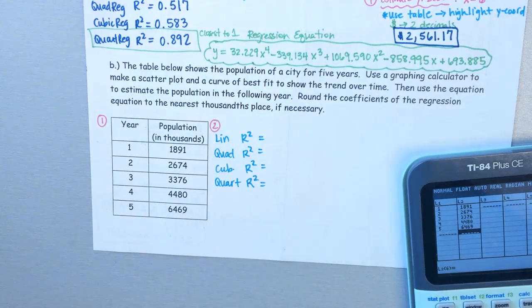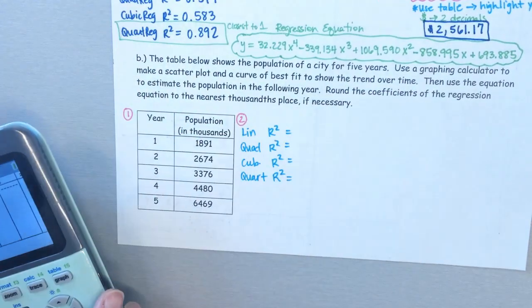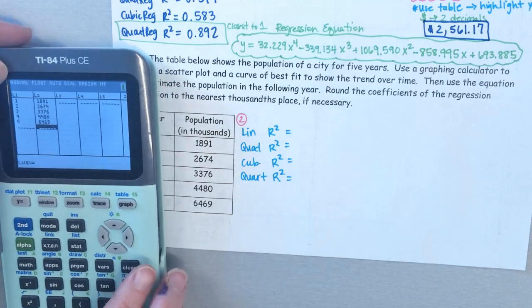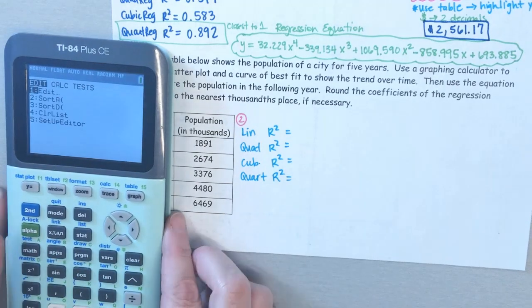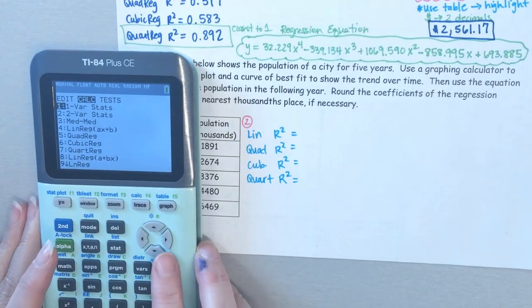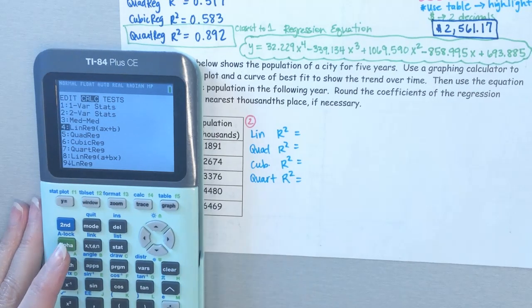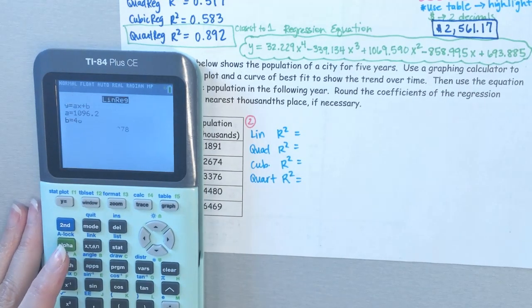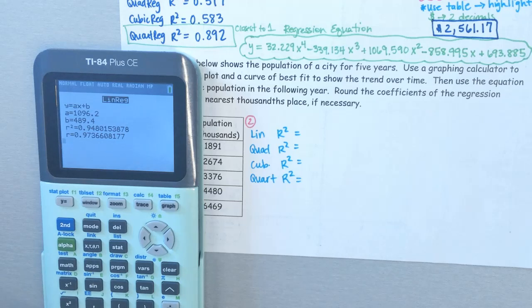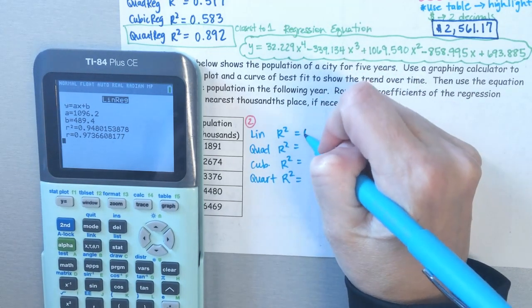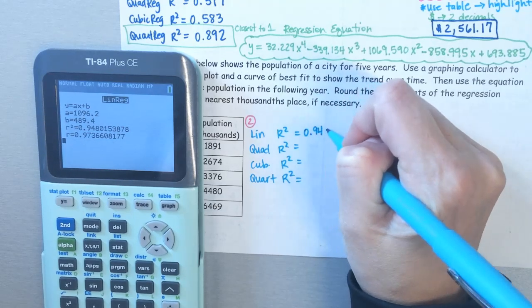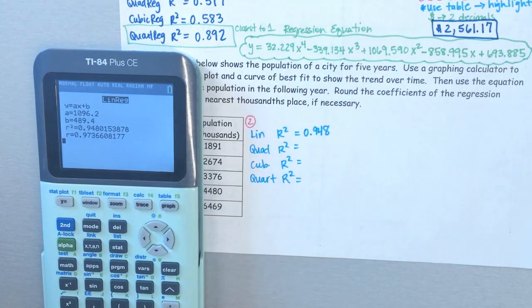Okay, so now we're going to do that for each one. Again, we're rounding to the nearest thousandth. And we're going to find each of those, starting with the linreg. Remember, you always use the first linreg, the ax plus b. And again, you're using the R squared.